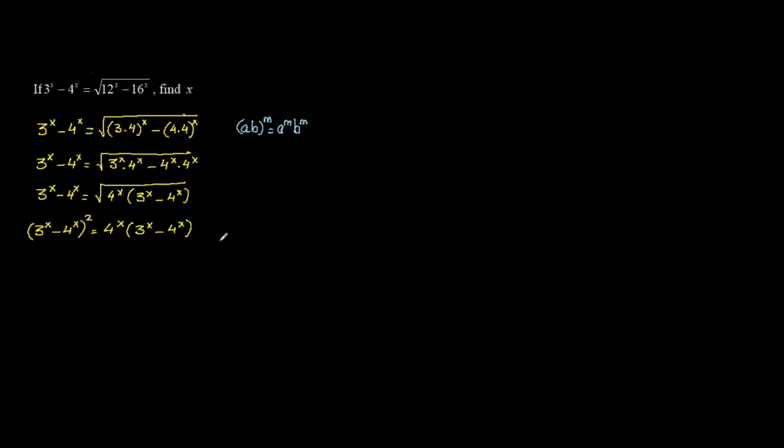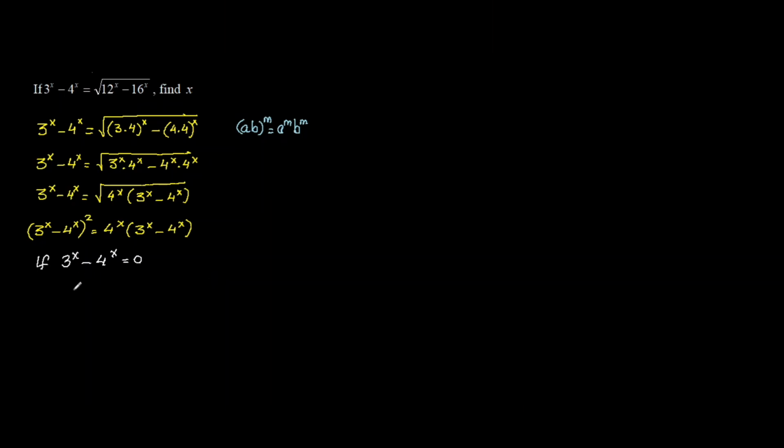Whenever we have a common term on opposite sides of the equal sign, we can cancel it, but because there are two possibilities, either the value of that factor is 0 or it is not equal to 0. So let us assume the first part, if 3^x − 4^x equals 0. If the factor itself is 0, then we don't have to look at the other part of the equation.